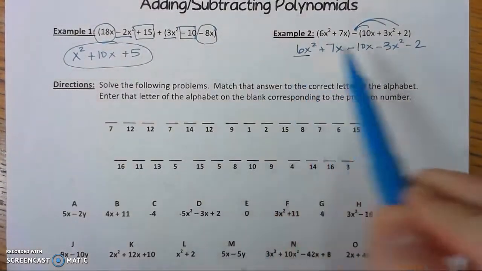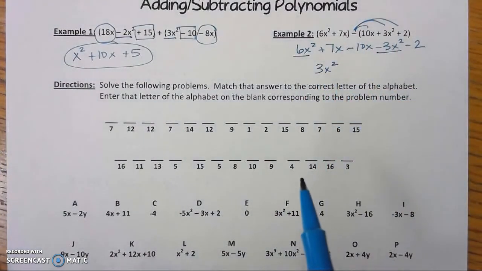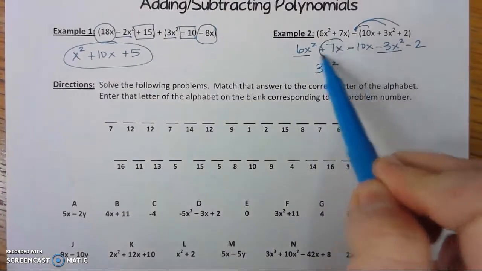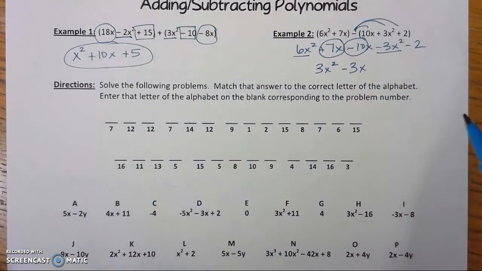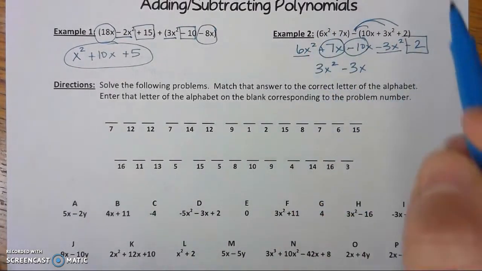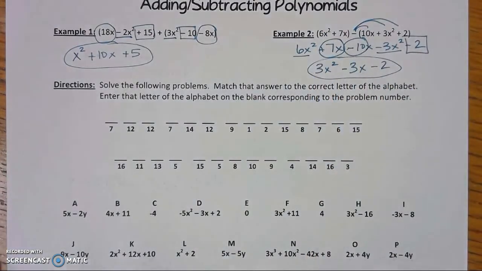So then 6x squared minus 3x squared is 3x squared. And then I have a 7x minus 10x, so that's going to be minus 3x. And then my minus 2 doesn't have another constant to combine it with, so I just add that to the end. And that's my final answer.